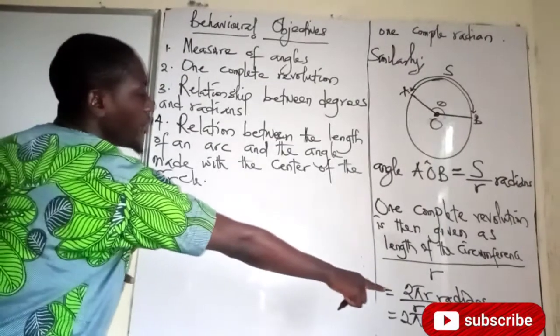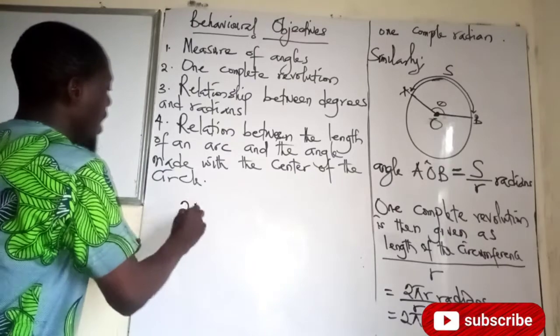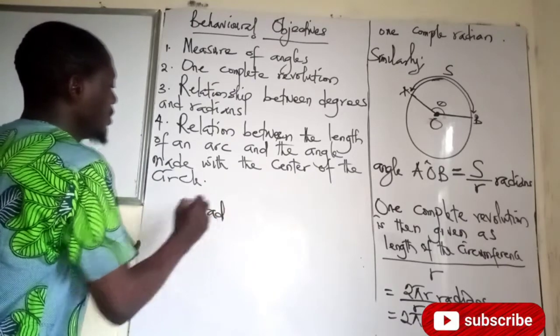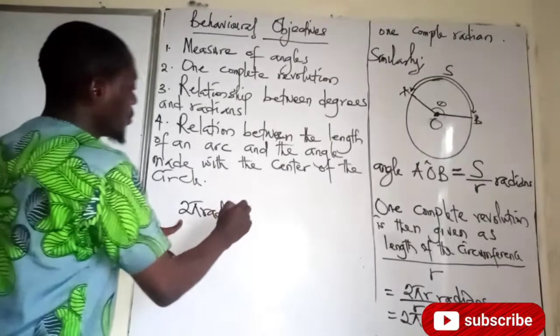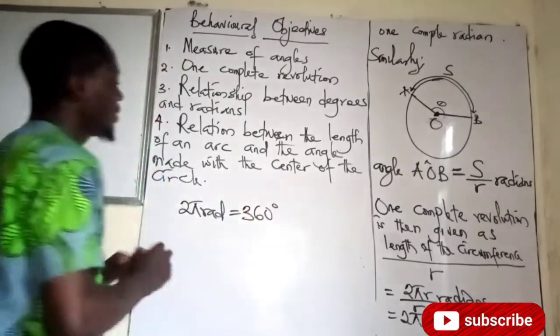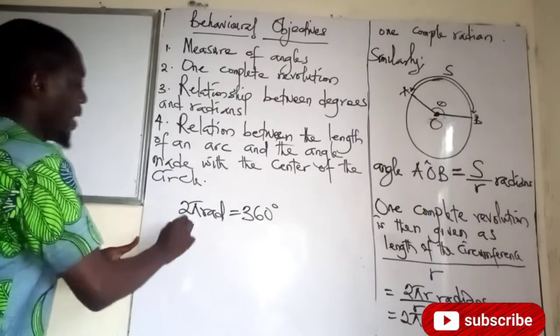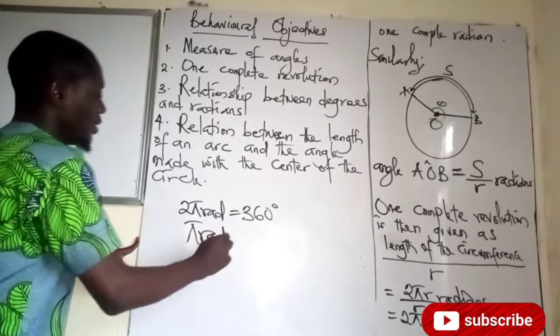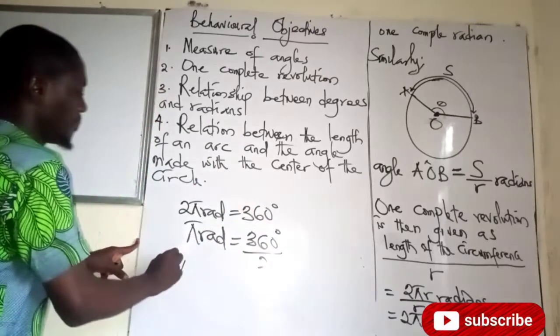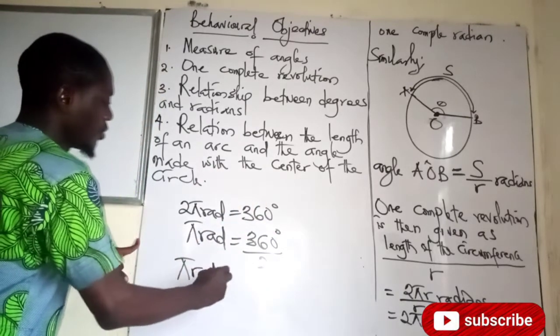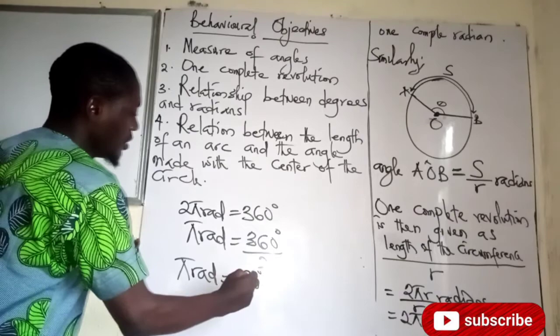If we have 2 pi rad, rad is the short form of writing radians, 2 pi rad equals 360 degrees. Then we can say pi rad equals 360 degrees over 2. Then pi rad equals 180 degrees.